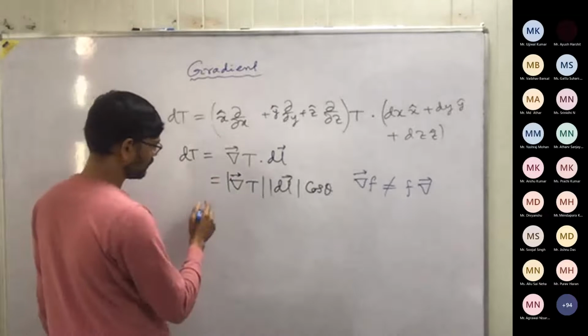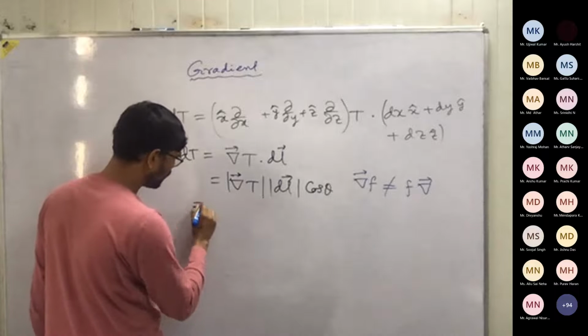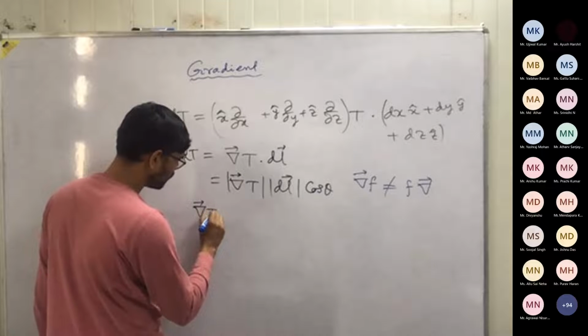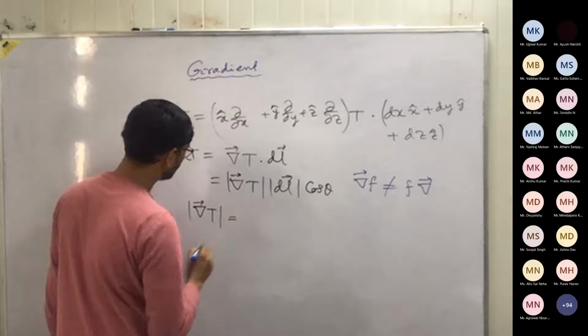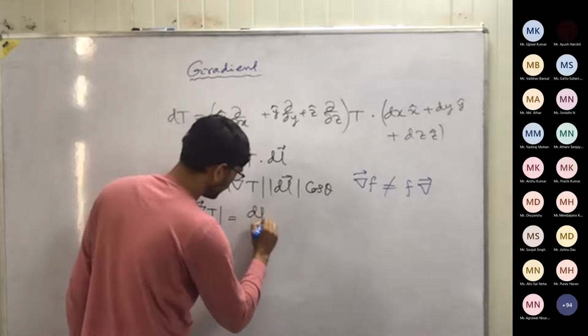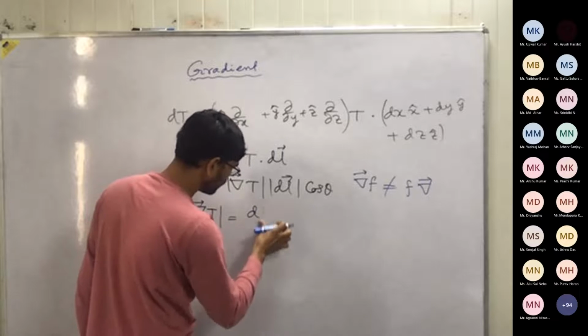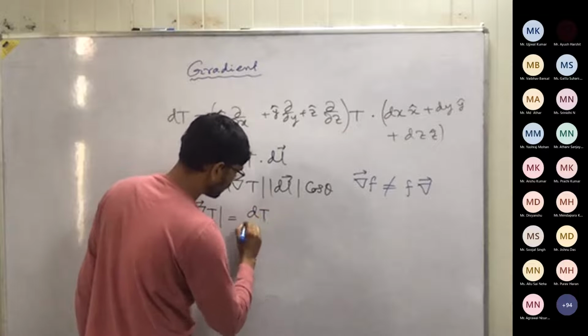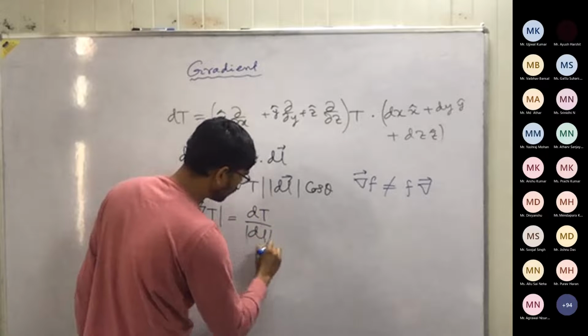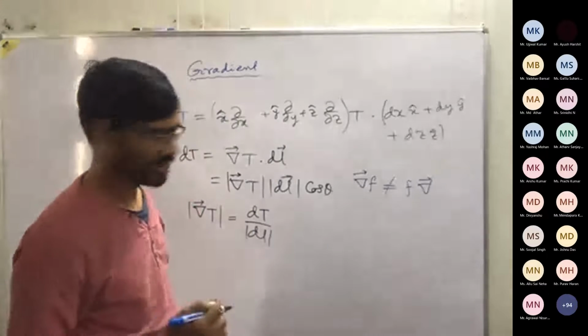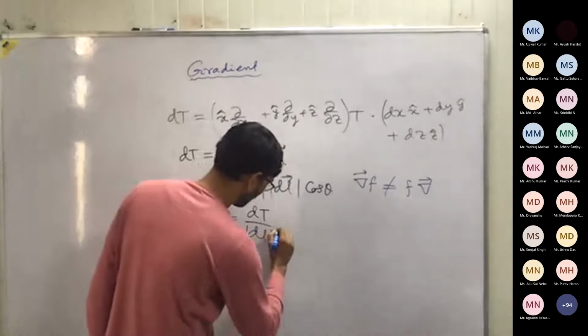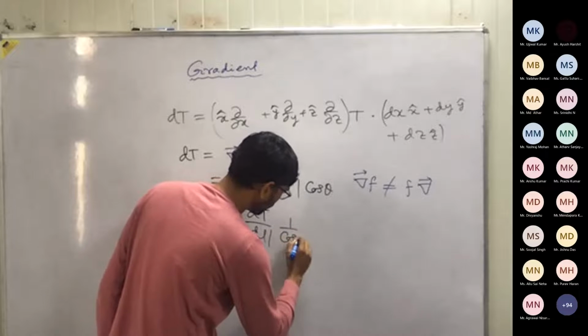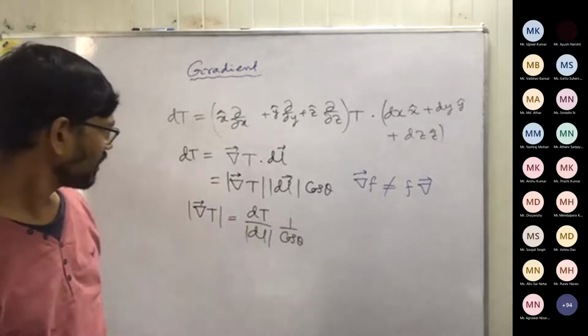So then the magnitude of grad T is equal to dT over dl, right?